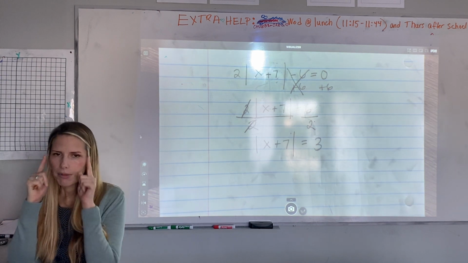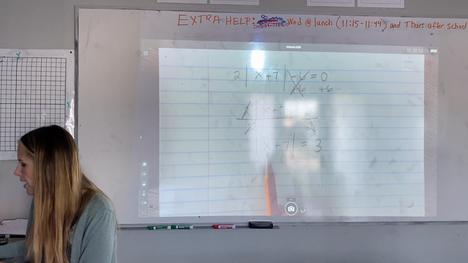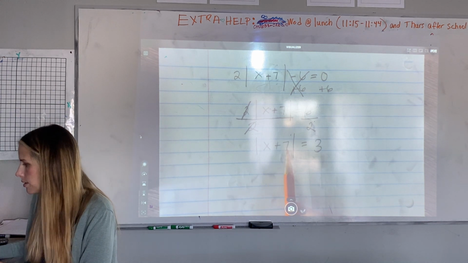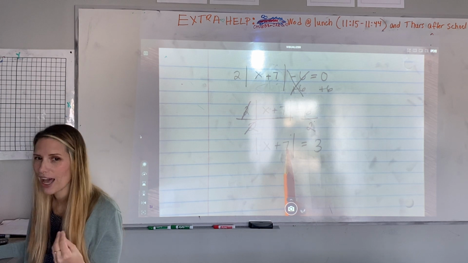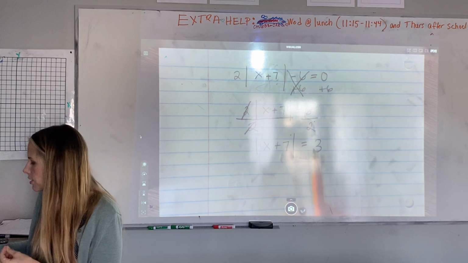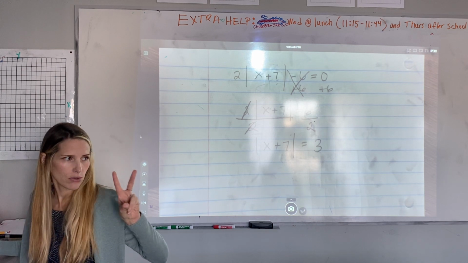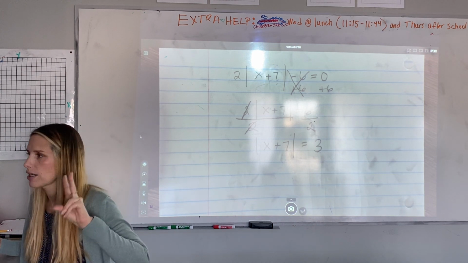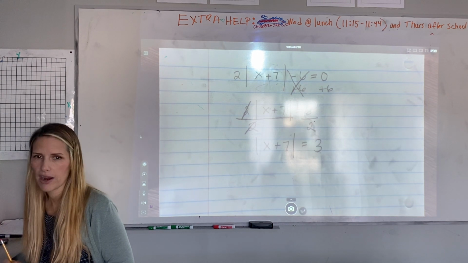Now, think about what this means. There's a number that when you add 7 to it, and then you get the absolute value of it, you'll get 3. There are 2 values, 2 different numbers that will work for this x variable.